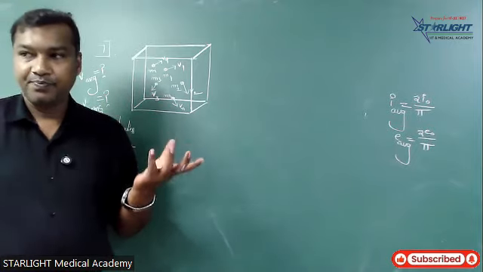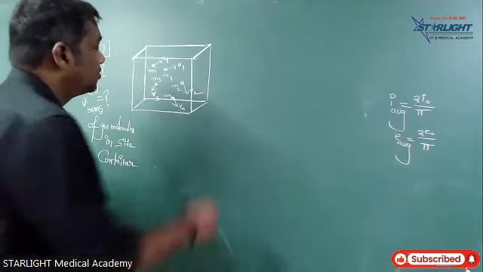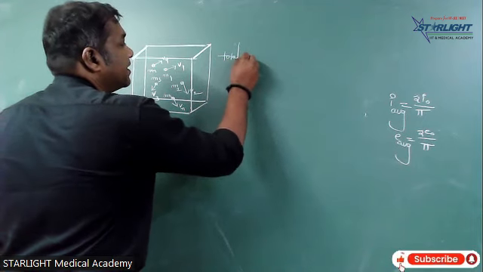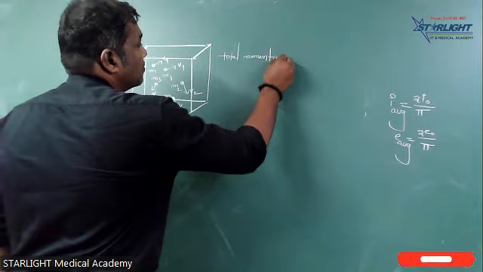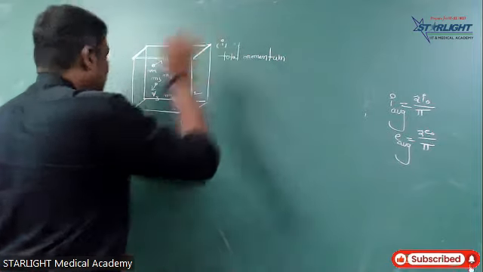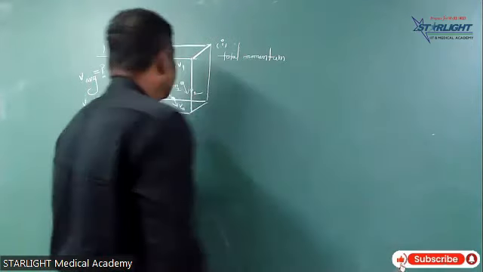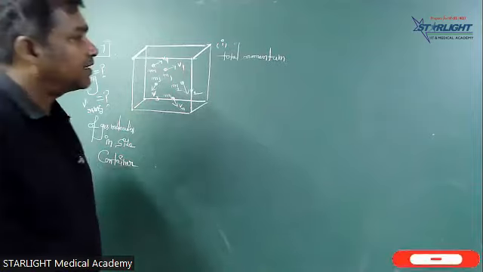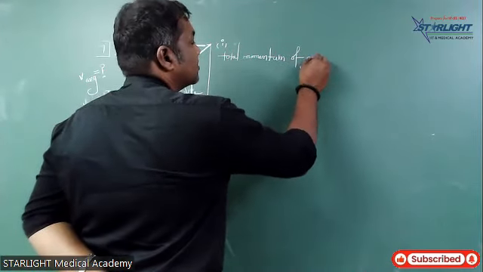Total momentum is the product of mass and velocity. Total momentum of gas molecules. First, what about the total momentum of gas molecules inside this container? They are all moving inside the container.